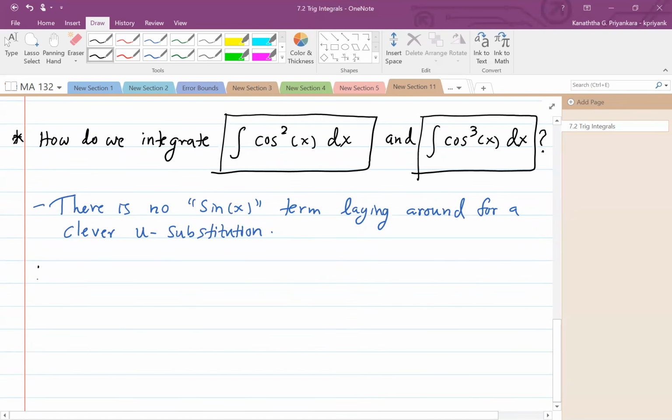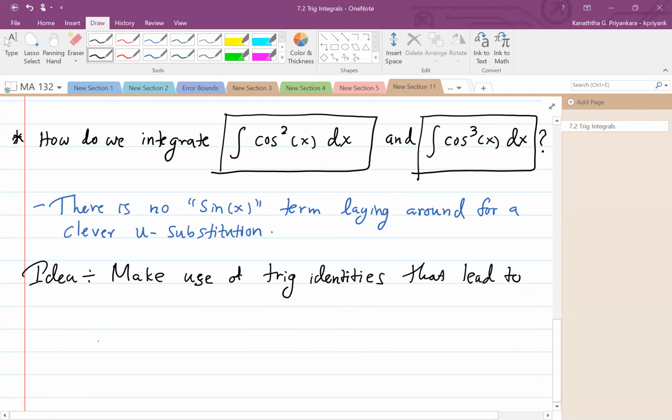So the idea: make use of trig identities that lead to integrals where u-sub works.